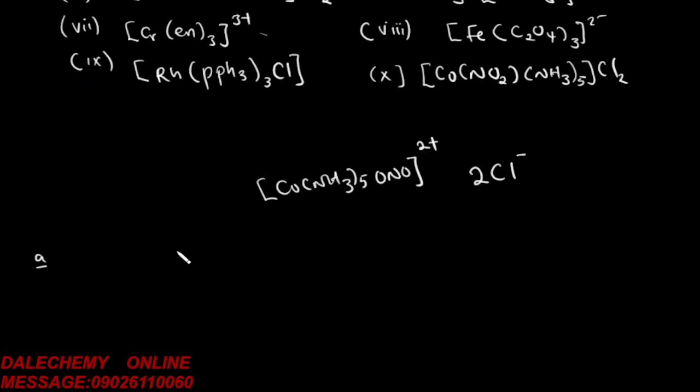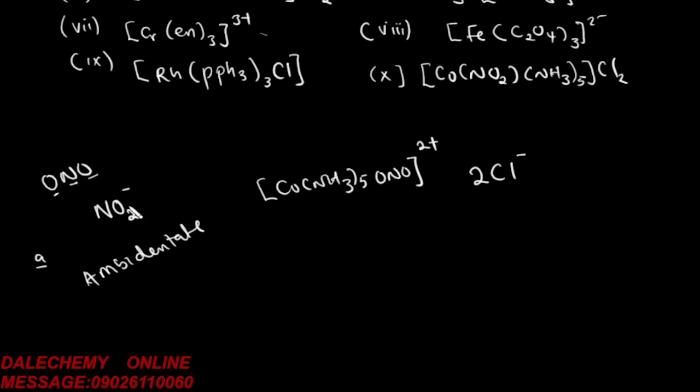As it is, this ONO is a ligand. Normally we represent it with NO2 minus. But there are some ligands that we call ambidentate ligands. They are the ligands that can bind with a metal through 2 different atoms, but they use one at a time. For instance, this NO2 can bind with a metal through its oxygen or through its nitrogen.